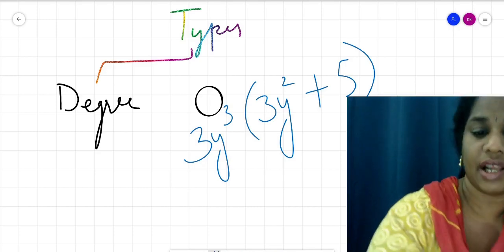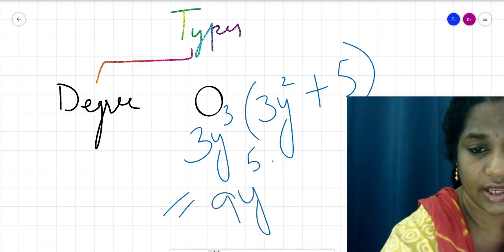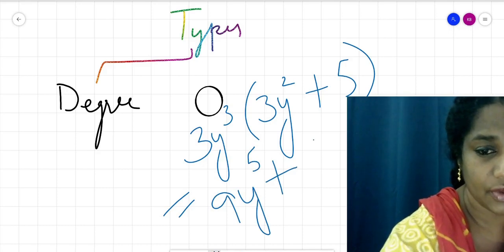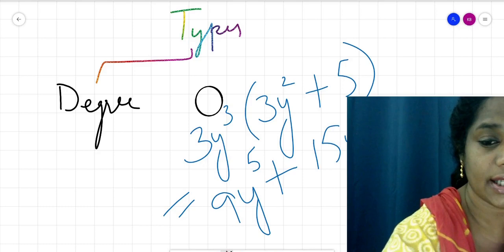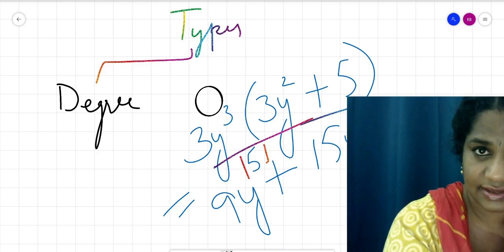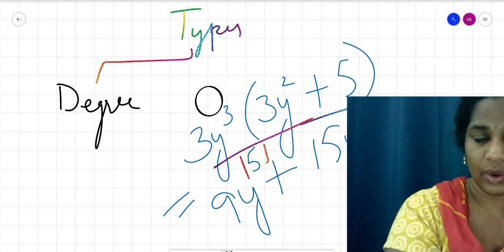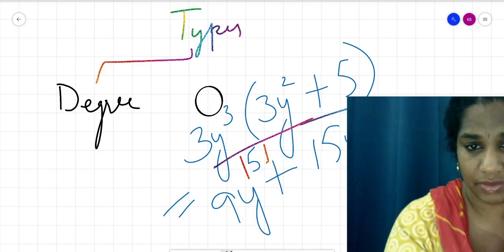Always simplify, right? You can write it as 9y raised to the power of 5 plus 5 into 3, 15y cube. So now what is the degree? Yeah, now the degree is 5. Correct? This is how you find out degree of a polynomial.